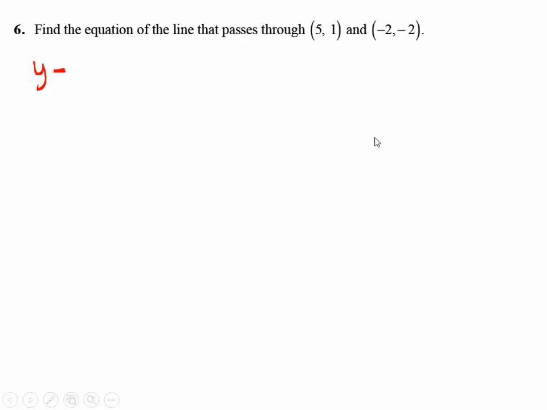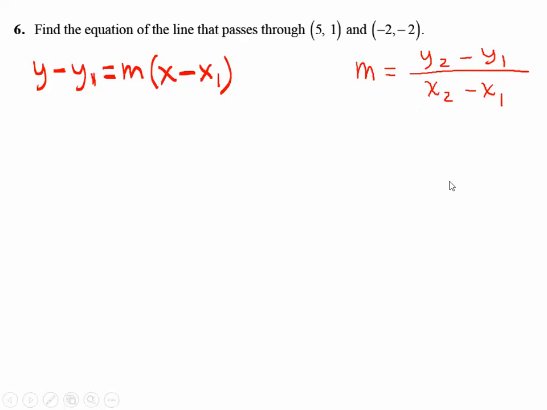Alright, I want to use this formula, but I can't because this says I need to know my slope first before I can use this formula. Hey, you know what though? Don't we actually have a slope formula like this? And since I have 2 points, can I figure out the slope on the side? Oh yeah. Cool, okay, let's figure out the slope first and then we're going to plug that number in.